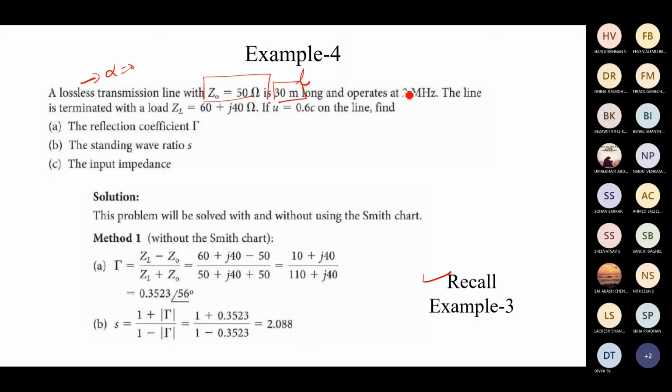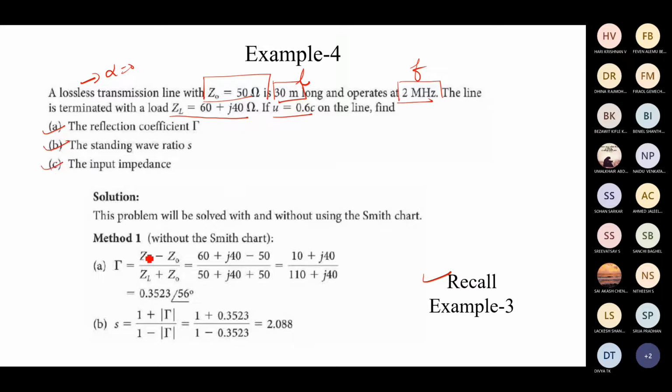The frequency is given, then we have ZL, and the phase velocity U is given. Now what are the things asked? We have to calculate the reflection coefficient, standing wave ratio, and the input impedance. The three values we have to calculate.